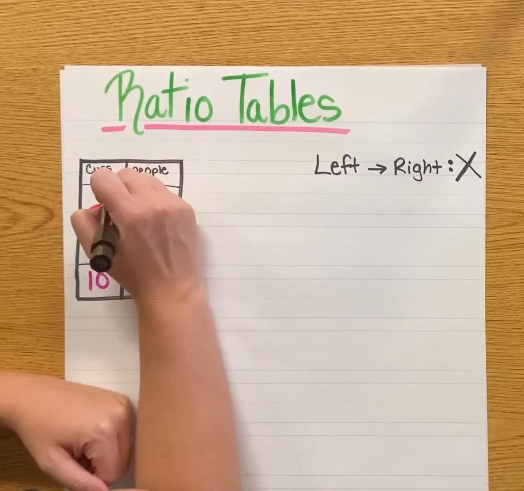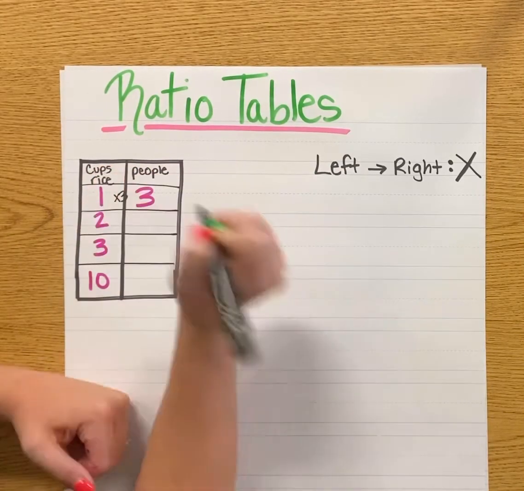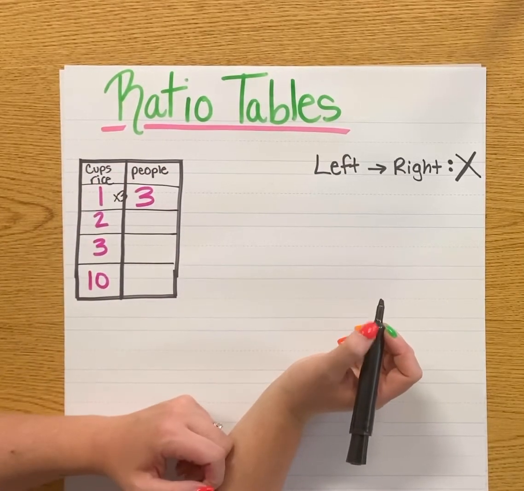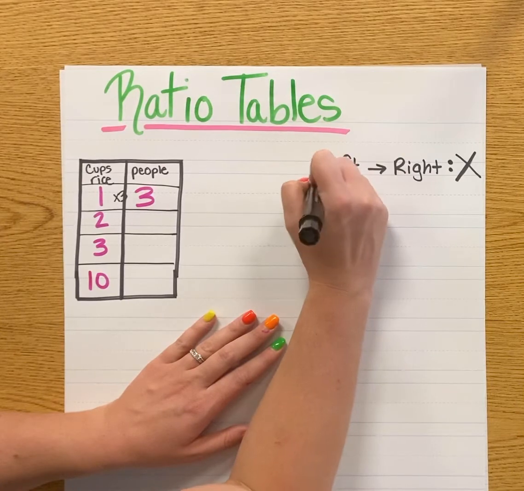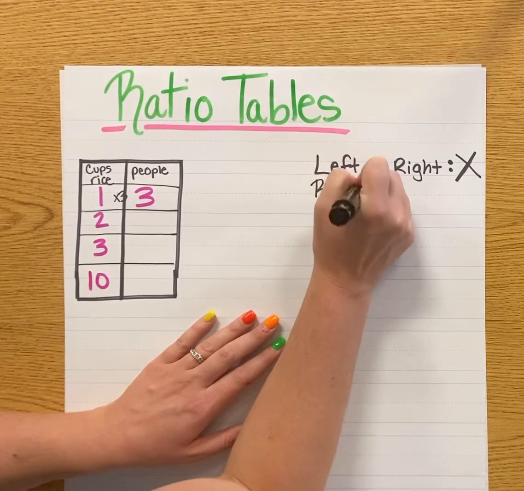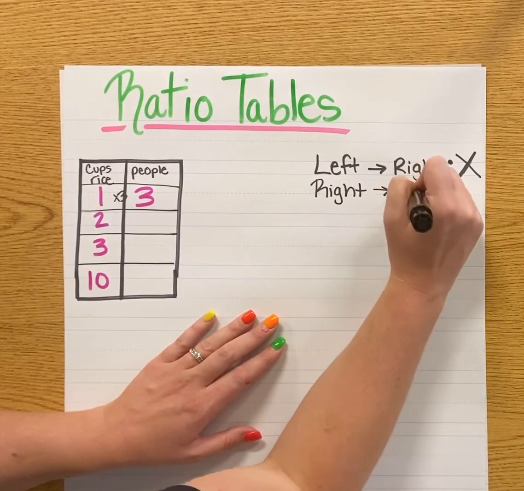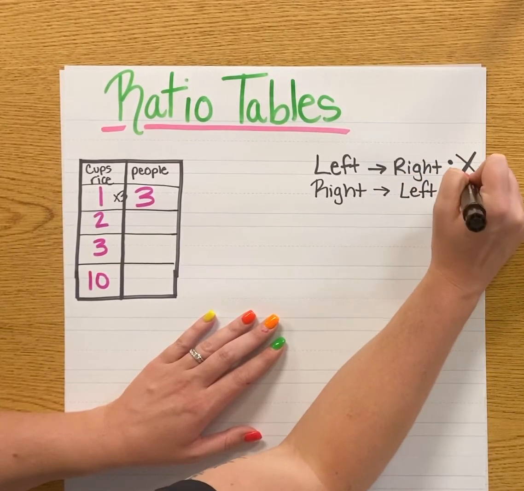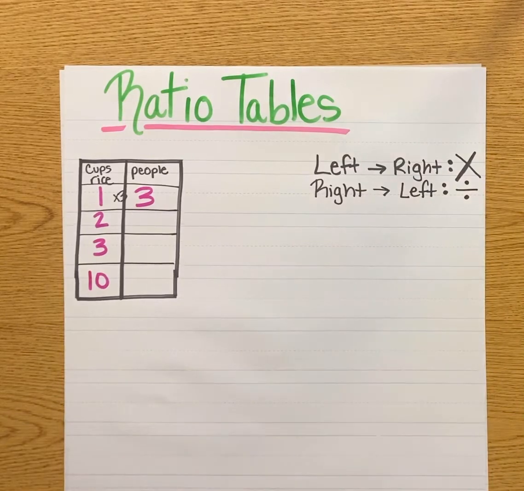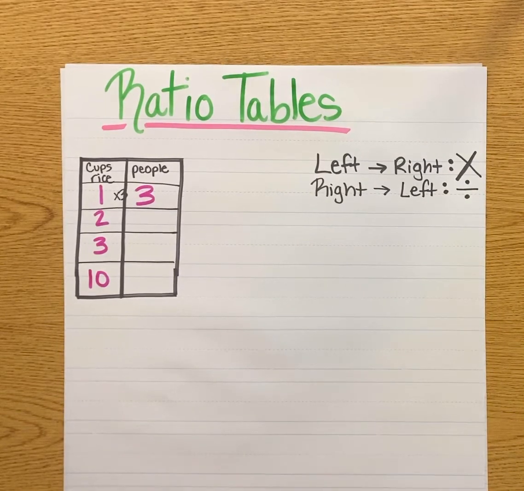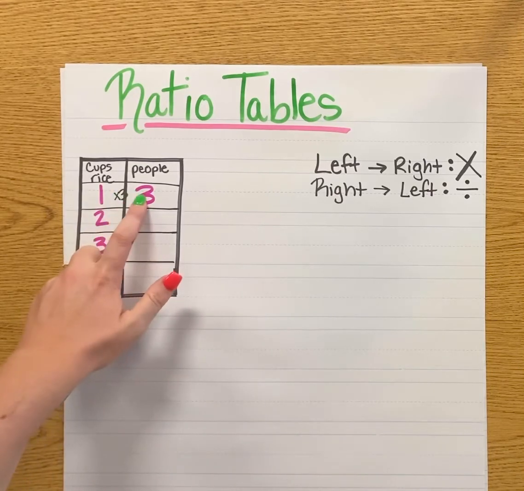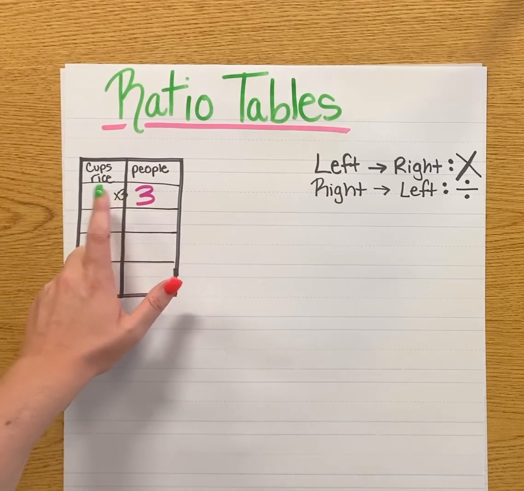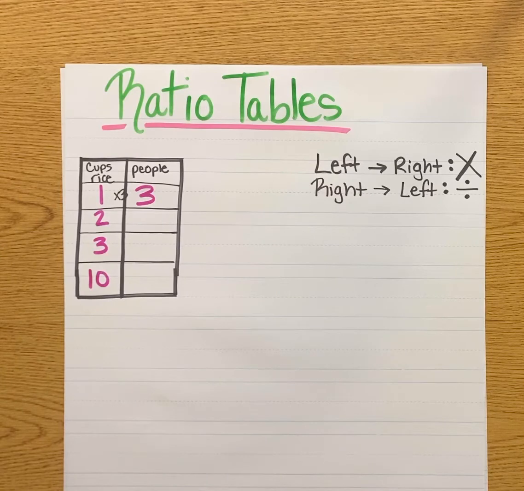So 1 times 3 gives me 3. When I go from right to left, I am doing the opposite. And the opposite of multiplication is division. Okay? So from left to right, I multiply. 1 times 3 is 3. 3 divided by 3 is 1.